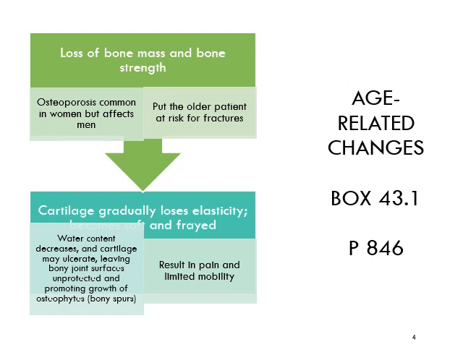So we looked at the list of changes. So let's go back up to our age-related changes in box 43.1. So the loss of bone mass and density, decrease in bone strength from the osteoporosis, loss of elasticity and water in the joint cartilage, resulting in softening, fraying, and ulceration, loss of cartilage in joints, resulting in osteophytes.